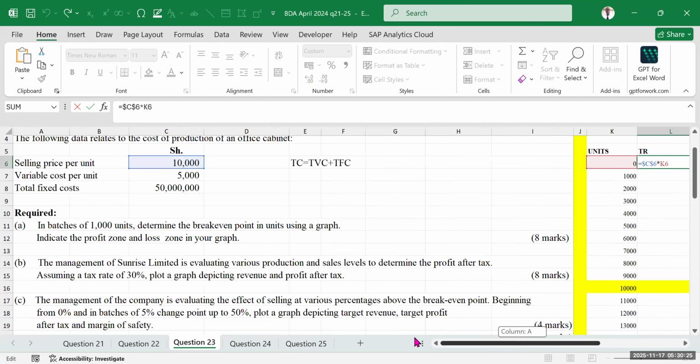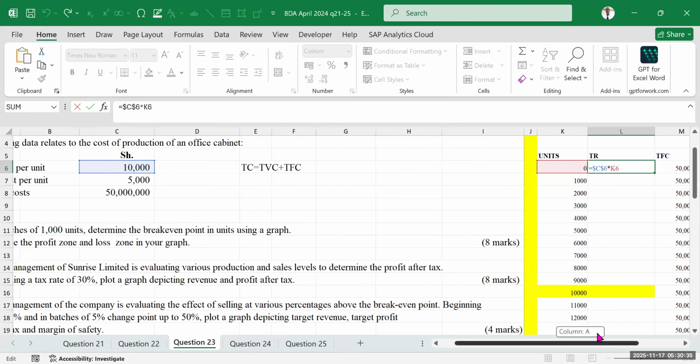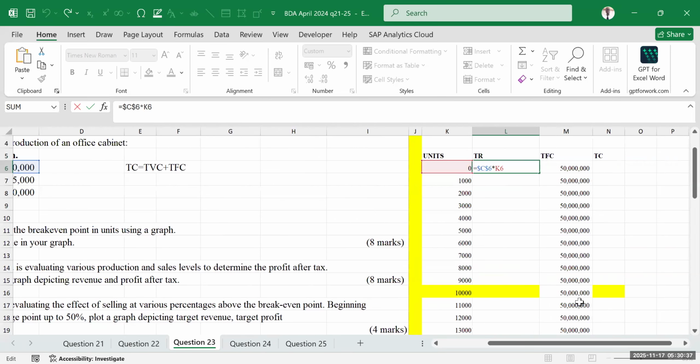Revenue is selling price per unit multiplied by the number of units. Selling price per unit, and make sure you fully lock the selling price per unit. You multiply that by the number of units, and when you refer to the unit here, we are starting with 0. Do not lock anything, because we want to autofill the formula.